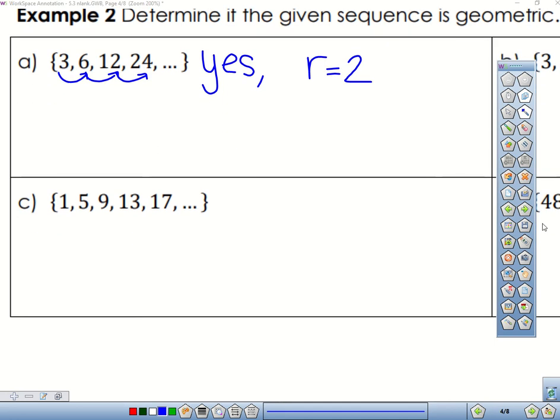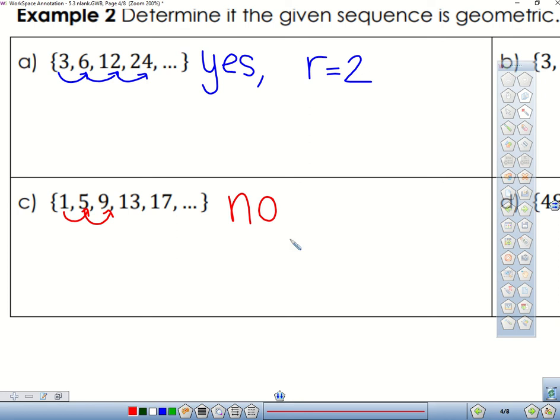Now let's go ahead and try C, because we're already zoomed in over here. To get from 1 to 5, what would I multiply 1 by? 5. So that would have to stay true for the next term. To get from 5 to 9, did I multiply by 5? No. So is this geometric? No, it's not geometric. It may have a pattern. It looks like it's being added by 4 each time, right?